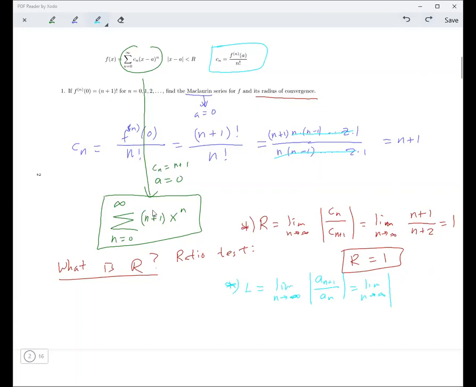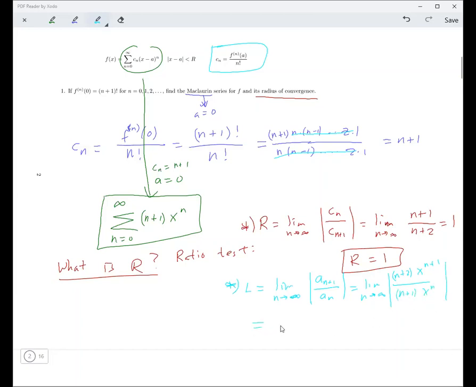So look at this one instead. So it's this whole thing right here. So a n plus 1 would be n plus 2 times x to the n plus 1. That's putting n plus 1s here and here. And then a sub n would be n plus 1 times x to the n.